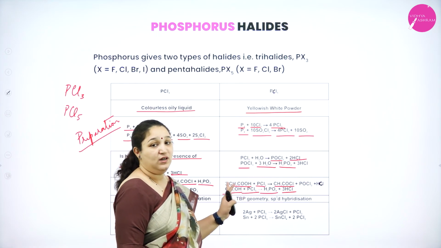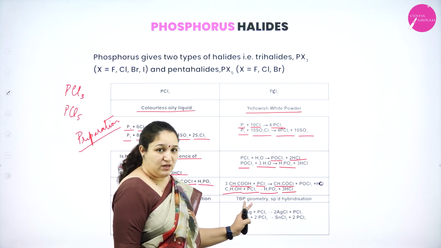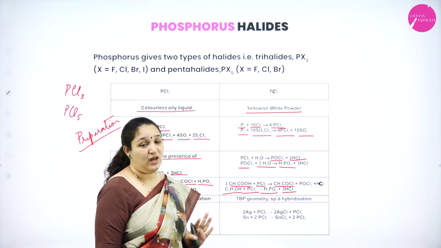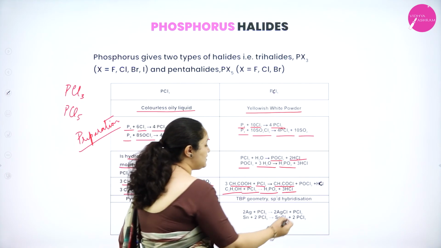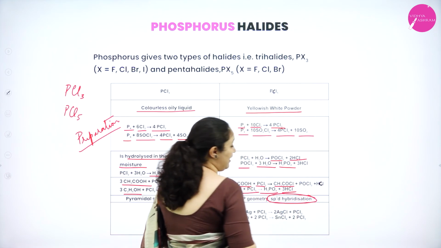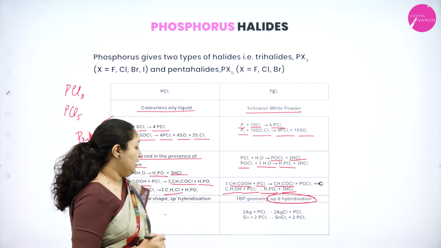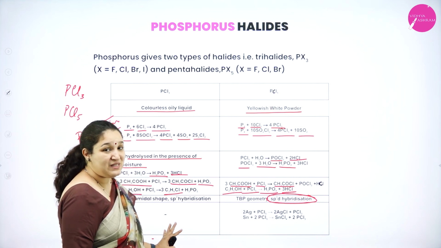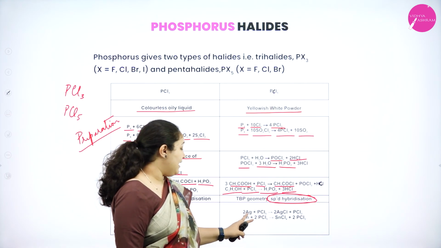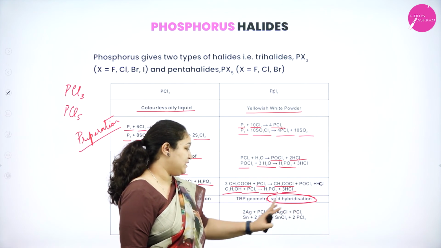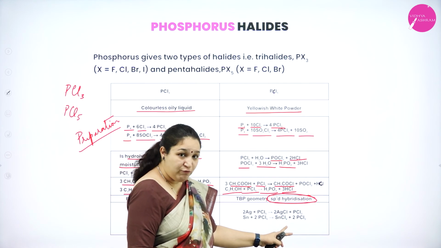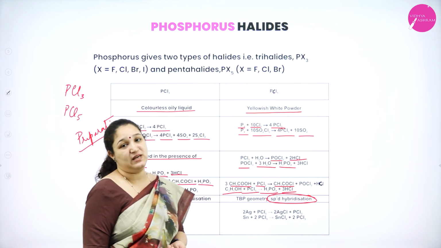Here PCl5 has got a trigonal bipyramidal shape and sp3d hybridization. And about this one, you have studied it in your first year, the hybridization, isn't it? Last is PCl5 can also react with metal, but PCl3 does not react. So it reacts with silver to give AgCl, and with tin it reacts to give SnCl4 and PCl3.